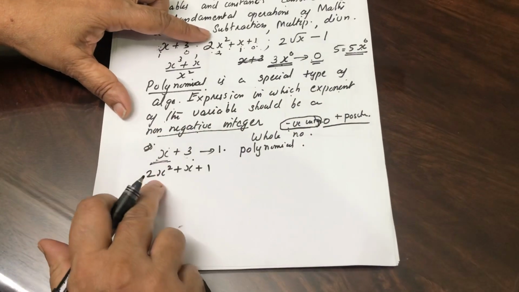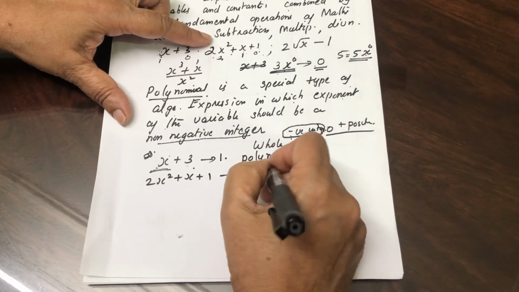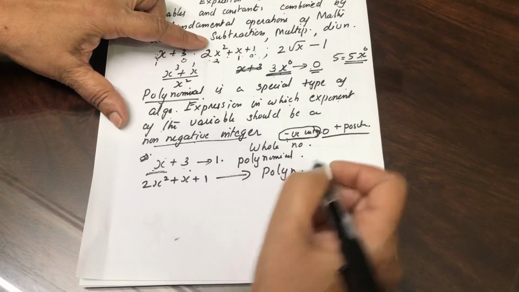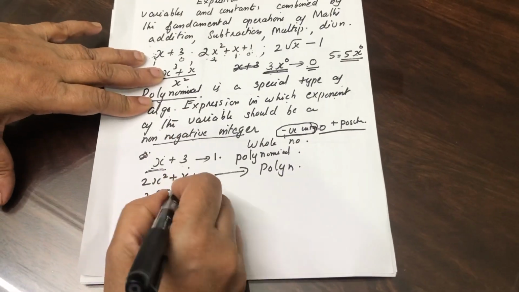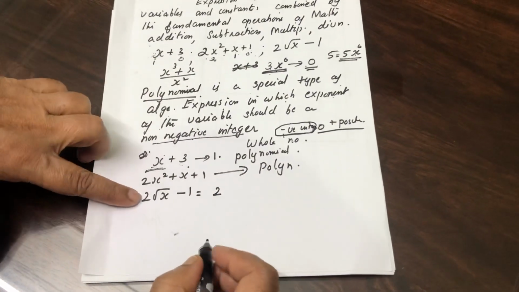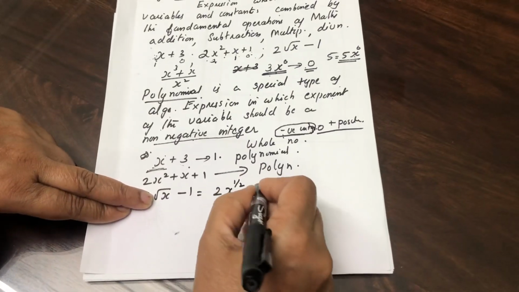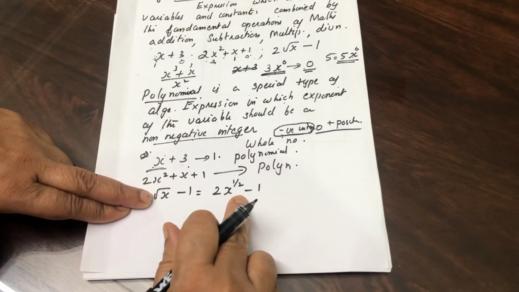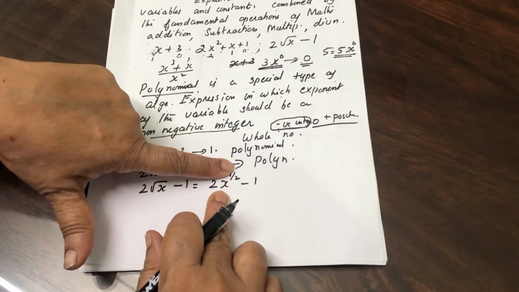Exponent of the variable here is 2, here it is 1. Therefore, you can say it is also a polynomial. Next one, 2 root x minus 1. This one you can write as 2 root x is x raised to 1 by 2 minus 1. Here the exponent of the variable is a fraction.